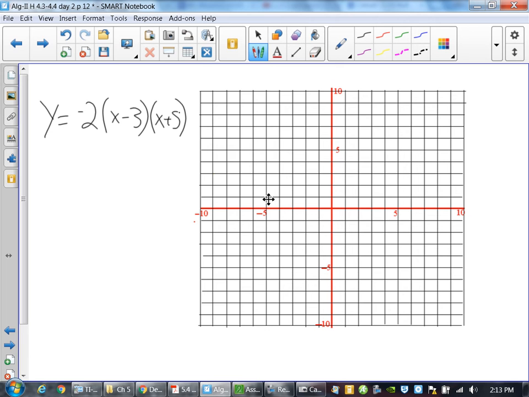So I would go -5 and 3. What's halfway between 3 and -5? 3 and -5 is how much apart? 8. The difference is 8. So you're going to be at -1.